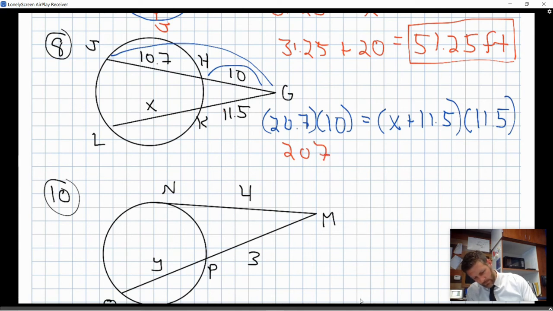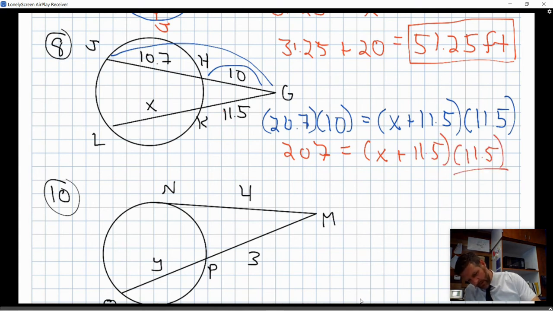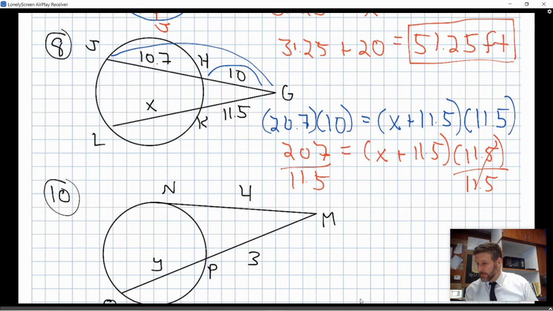Beautiful penmanship. And then we could distribute over there, but don't. Just say it simply, don't. Because watch, you just do x plus 11.5 times 11.5. So now let's just divide by 11.5 on both sides. That cancels out.